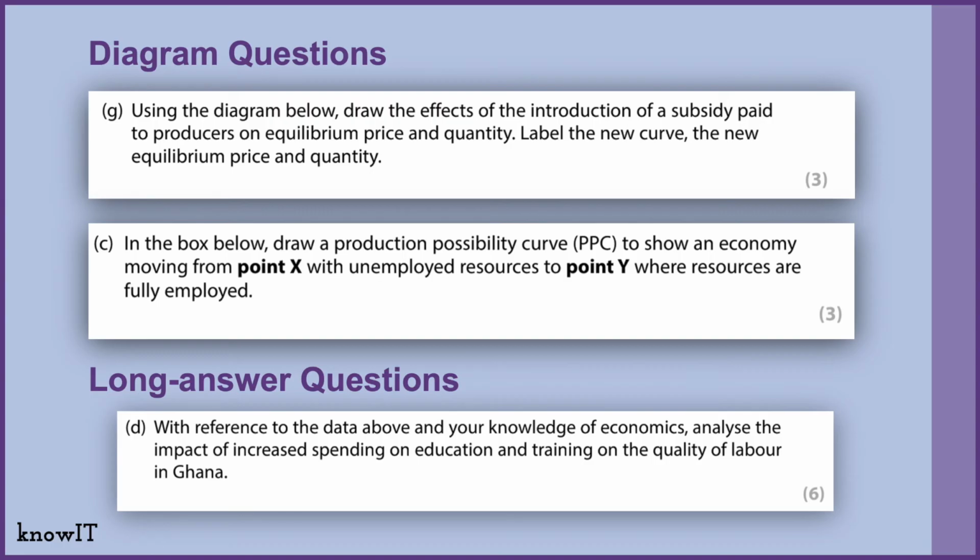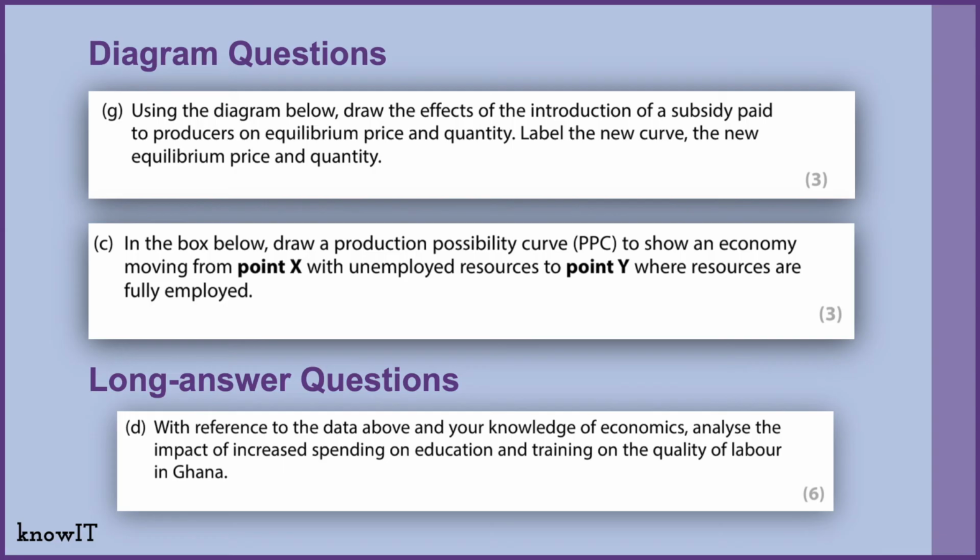So over here, they will give you a diagram in the exam paper, and you're supposed to draw the effects of a stated thing on it. So over here, it's the effects of the introduction of a subsidy. And you also have to label what you have drawn. Labeling is very important in economics. If you don't label it, your diagram will not get full marks. It'll get marks, but it probably won't get the full 3 marks.